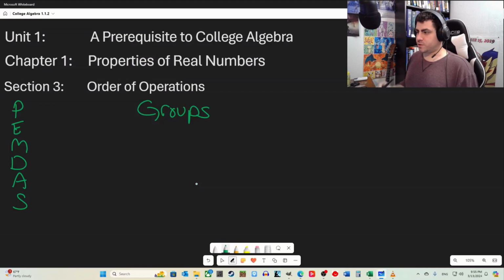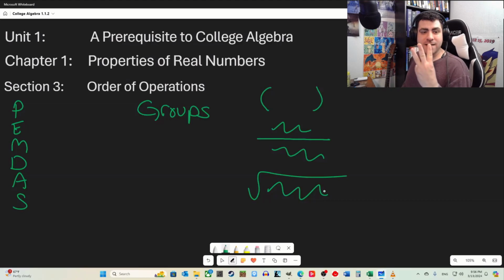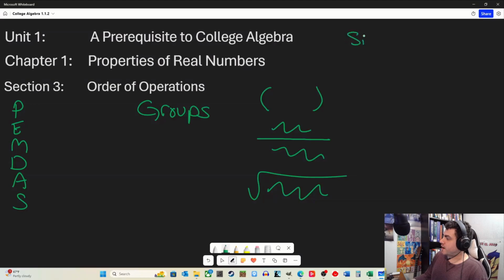Groups in elementary algebra, not advanced algebra, are groups that are held in parentheses, groups that are on a numerator and a denominator, and groups that are under the radical sign. 3 kinds of groups we are going to work with. The first step in solving or simplifying a problem is going through the groups first. And I should explain simplify.